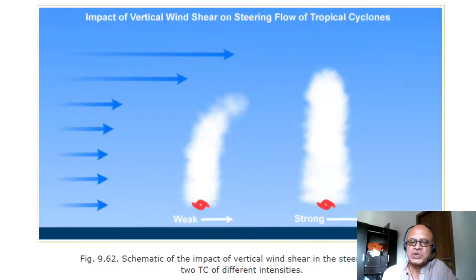The vertical wind shear impacts are very critical, of course. We are showing here a weaker cyclone which is greatly affected by the vertical shear, environmental shear, whereas the inertial stability and the resistance to the shear is much higher when the cyclone has a stronger circulation, maximum sustained winds, stronger eye and eye wall, and so on.